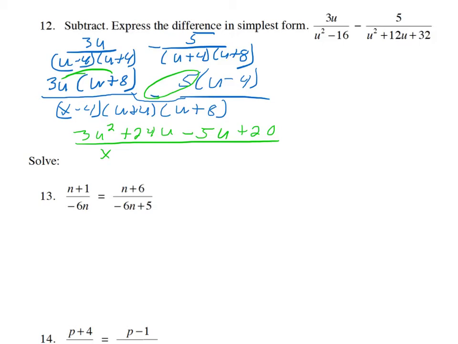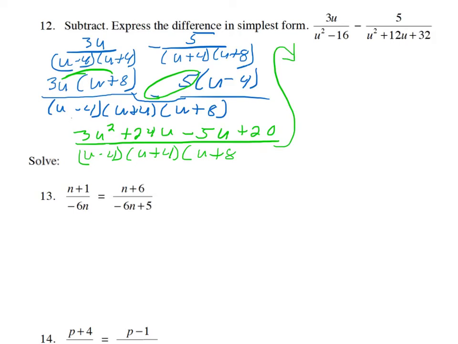oops, I put an x, didn't I? Okay. That needs to be fixed, because that was a u. So let me fix this here real quickly. Alright, so this is going to be u minus 4, u plus 4, u plus 8. Alright, so let's come right up over here, and I'm going to add like terms.